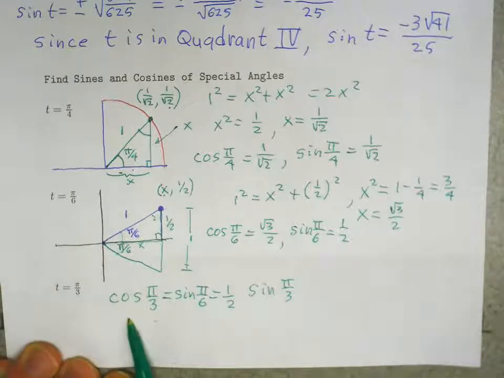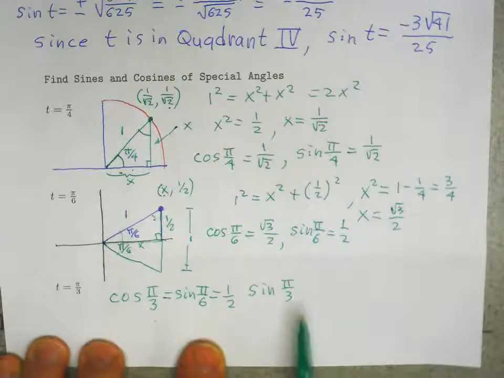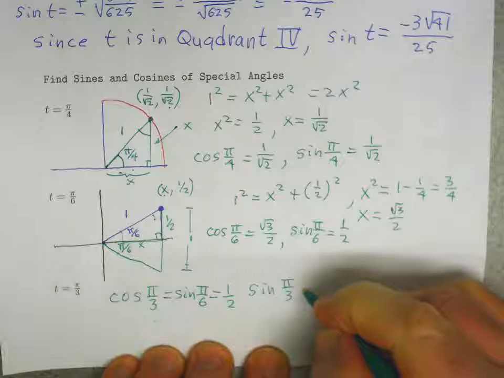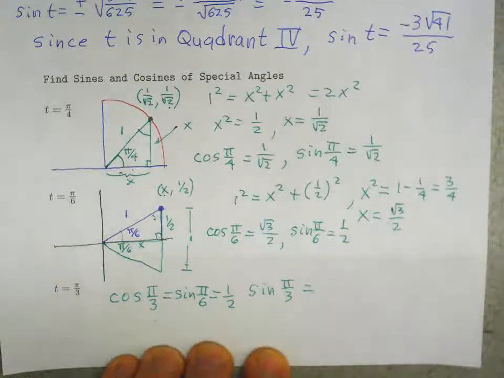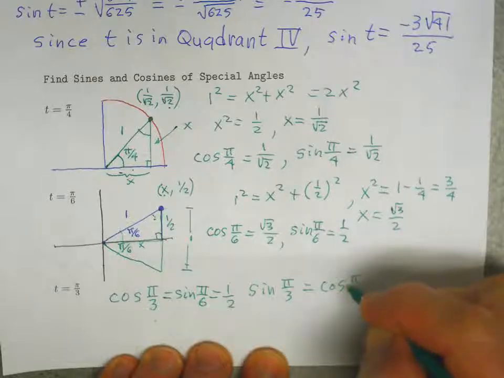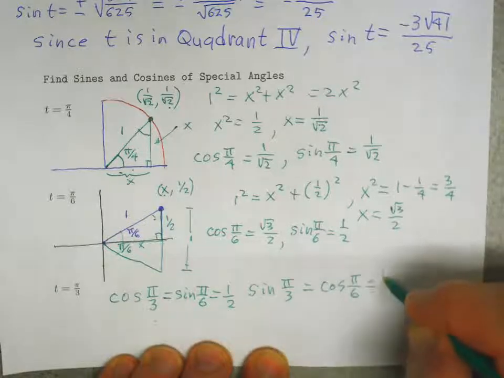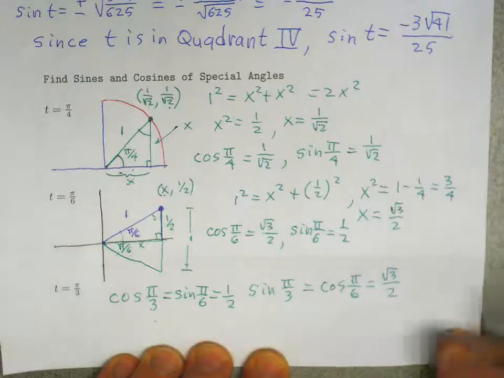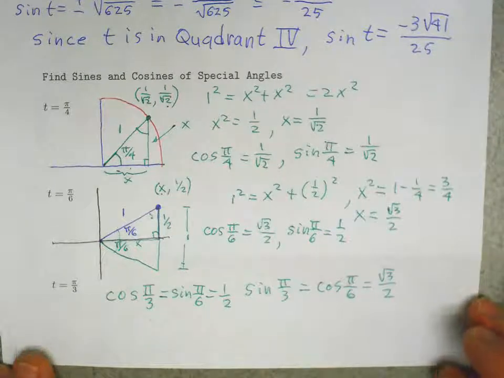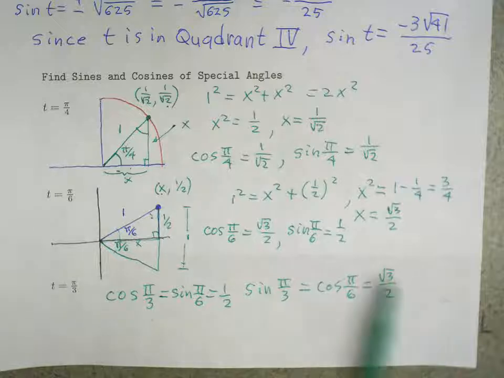So cosine of pi over 3 is 1/2. Sine of pi over 3 is equal to cosine of pi over 6, which is the square root of 3 over 2. So hopefully you'll remember that from yesterday.